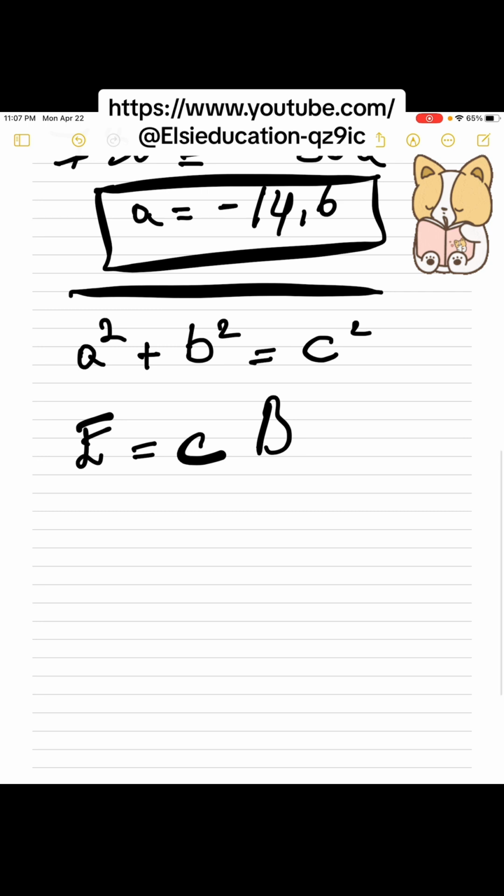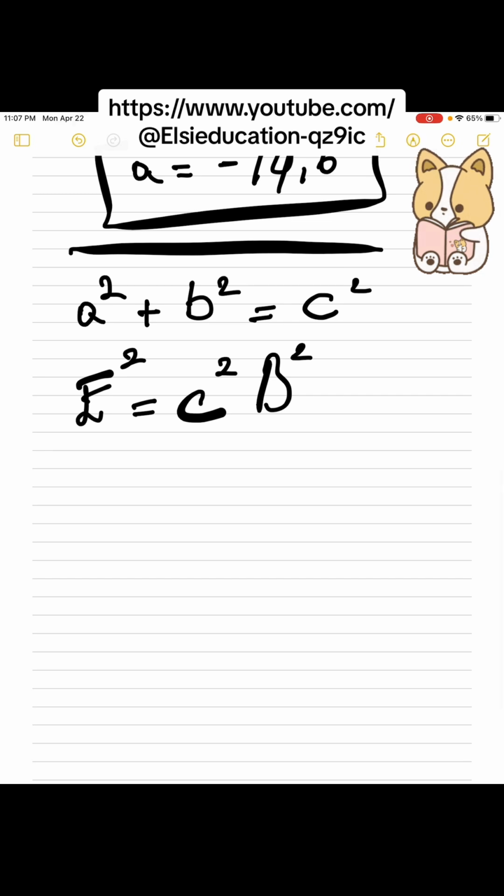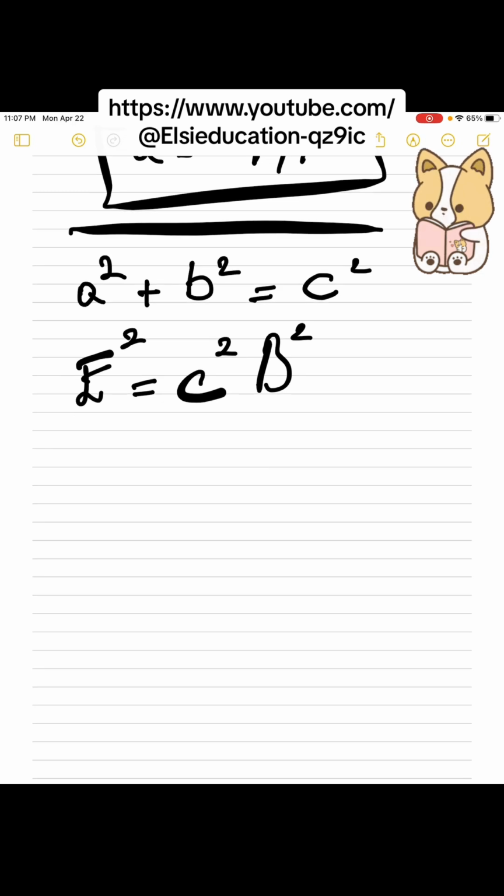So we're going to do E squared equals C squared multiplied by the magnetic field squared.